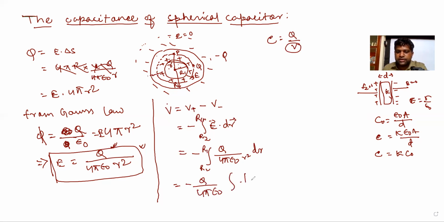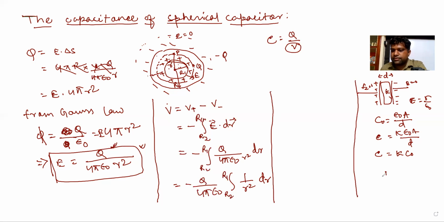We only need the integration of 1 upon R square dr, from R2 to R1. Now the integration of 1 upon R square is minus 1 upon R, right?